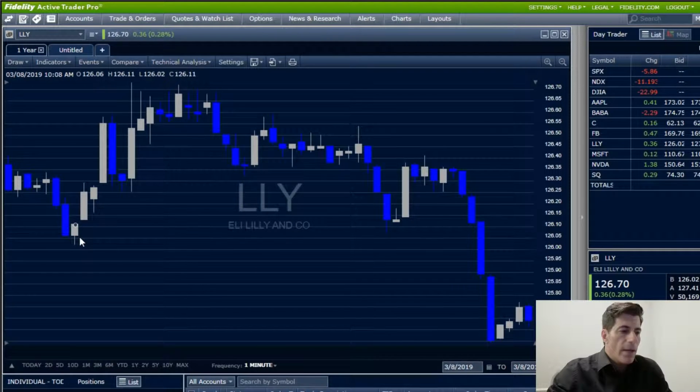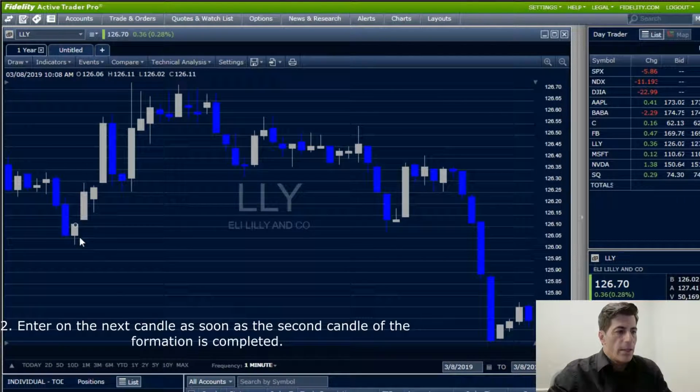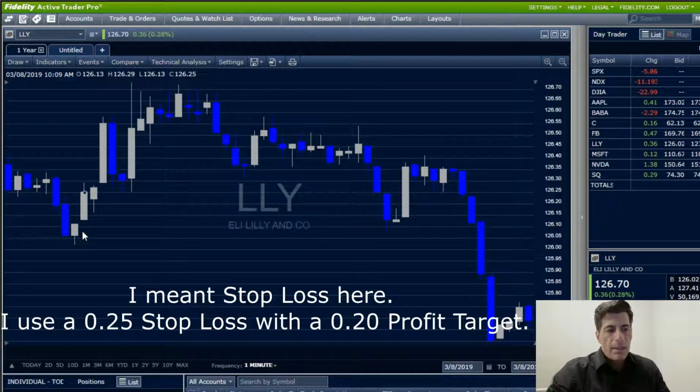So you enter at the close of the second candle. So you would enter immediately at the beginning of the next candle. As soon as that second candle closes, go ahead and get in. Obviously, you're going to have a time stop that's applicable to your time frame. Me, I use about 25 cents or so, and my profits can be anywhere from 20 cents on up.